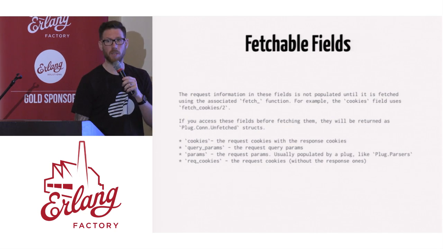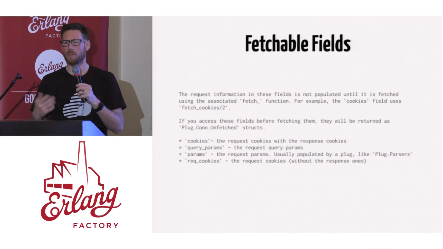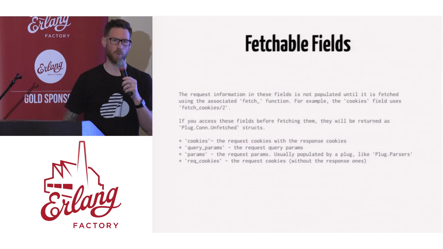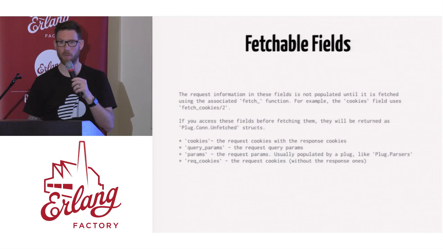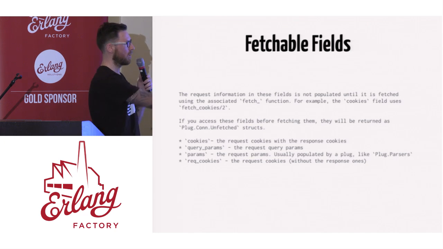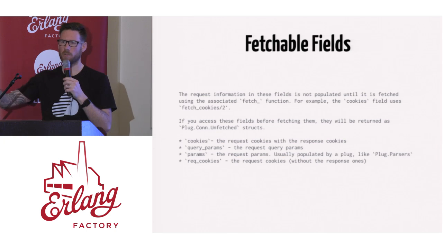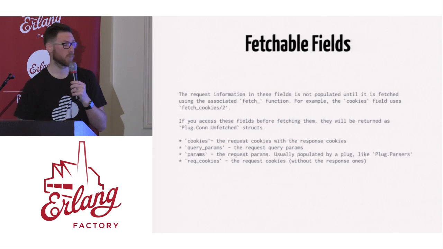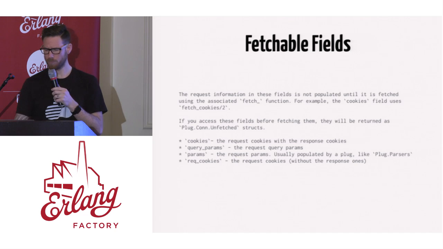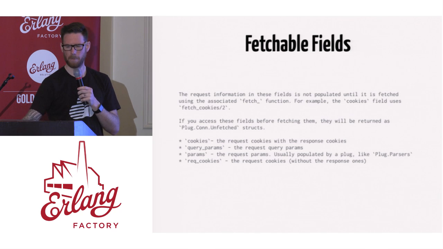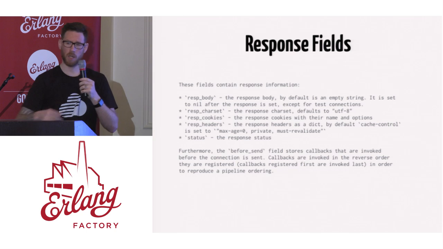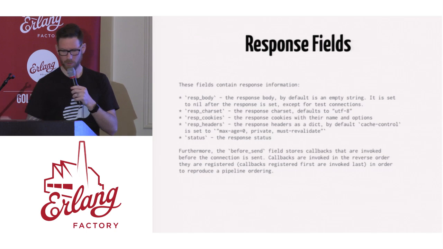Fetchable fields is pretty interesting too, because there are certain times where you may not care about parsing cookies, for instance, or query string parameters and things like that. And so these fields are not actually fetched and parsed until you want to or you need to. So you can save some computation time there. And then, of course, there's the response fields, which contains the body, the status, headers, and things like that.